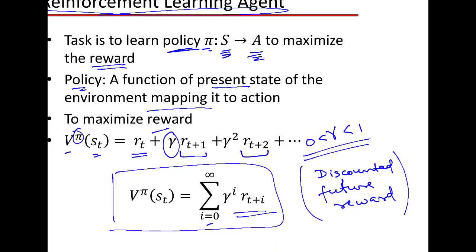So how do I maximize now? How do I maximize reward? If I knew everything, how would I maximize reward? If I knew the delta function and the R function, how do I choose a policy?